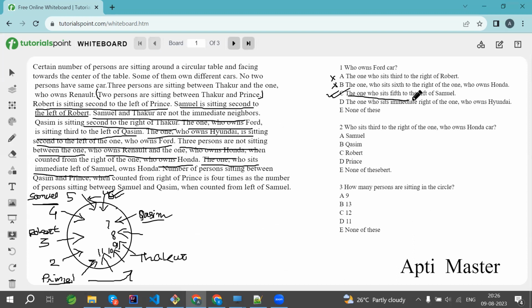The one who sits fifth to the left of the Samuel. Okay, right. So the next question: who sits third to the right of the one who owns the Honda car?